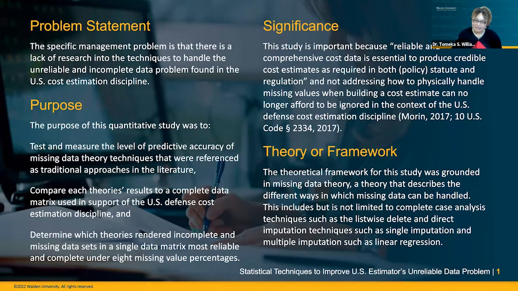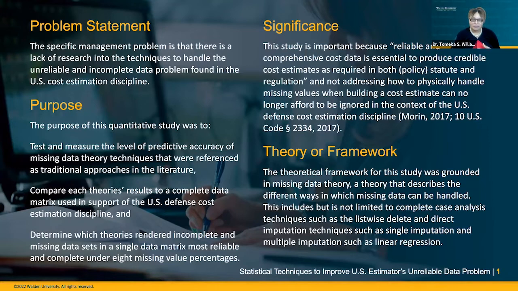And so, back to that theoretical framework, my study was totally grounded in missing data theory and all the techniques that you could think about in terms of how to handle them. Some of the approaches, the complete case analysis technique, is common. And they have various versions of those, such as listwise deletion, or various direct imputation methods.